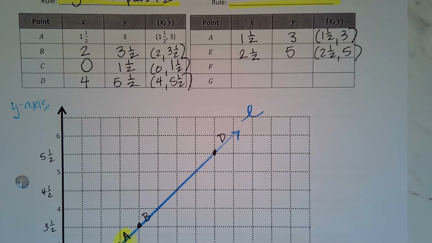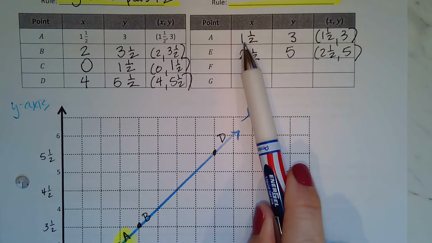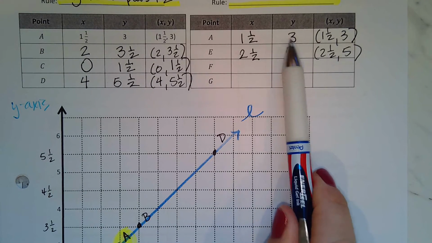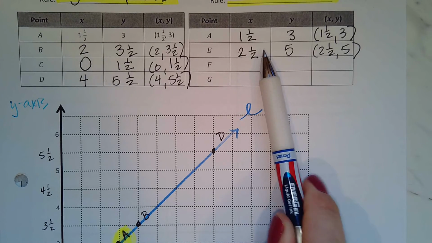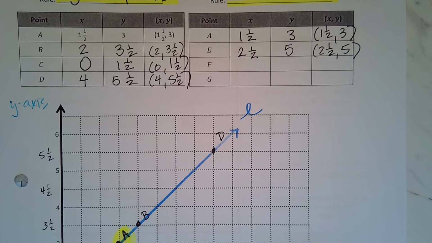So what did they do to get point A? Well, over here we added 1.5. So if I try 1.5 plus 1.5 is 3, and then 2.5 plus 1.5, is that 5?